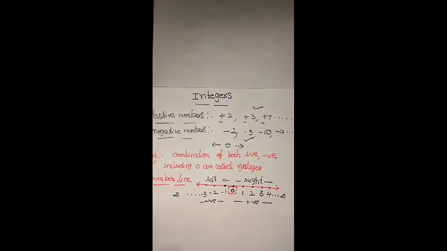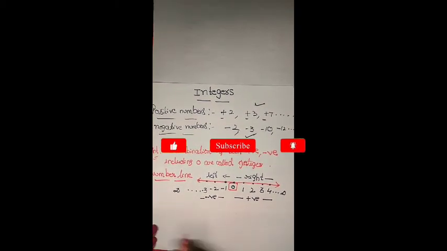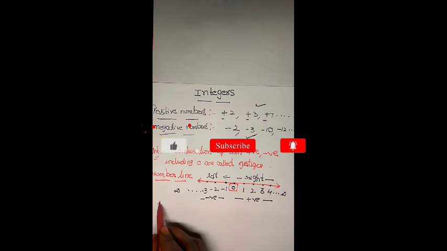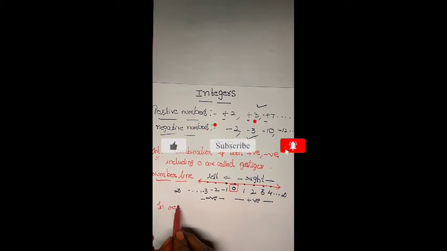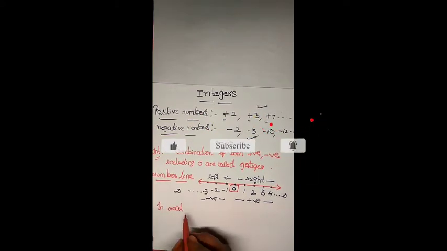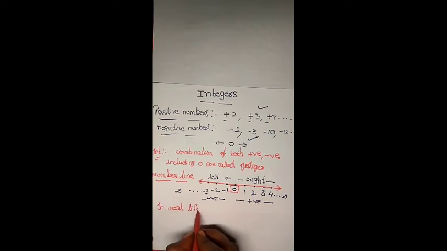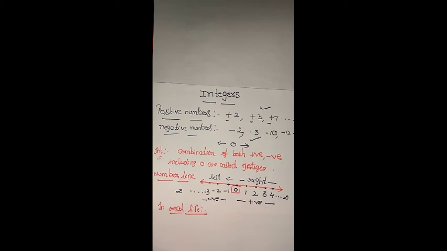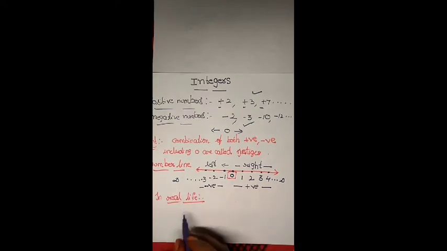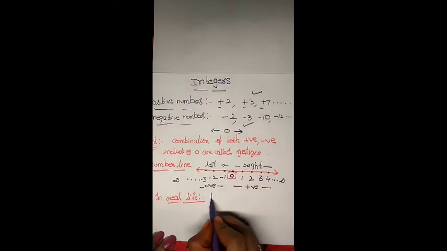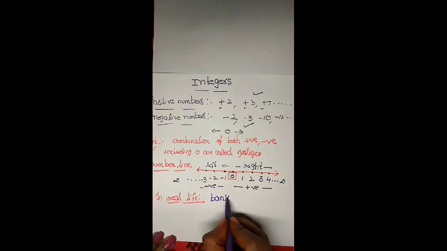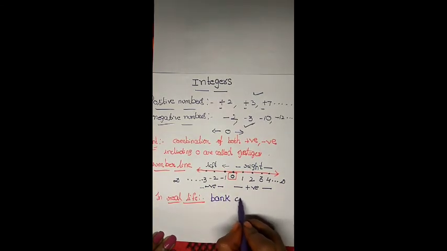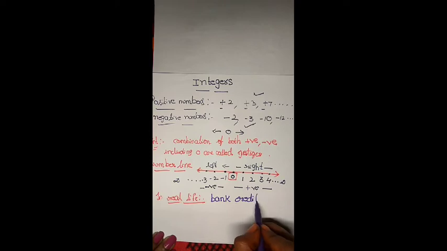Now let us see where normally we use these integers in our life. In our daily life, we use natural numbers for counting, and whole numbers for the 0. So where do we use integers? Let us see now. Suppose we all know the banks. We have deposited some amount in our bank.